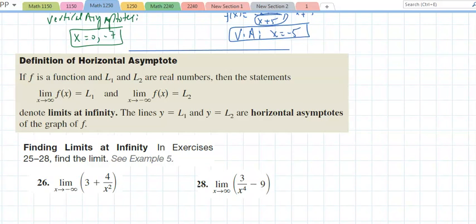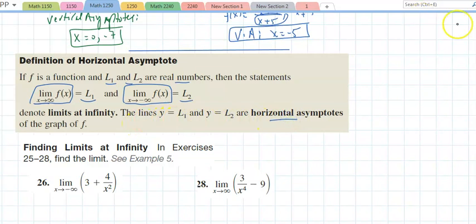Now the horizontal asymptote, again, each of those have an application, and we're going to do applications of each. If f is a function, and L1 and L2 are real numbers, then if you take the limit as x approaches infinity and get a number, whether you go to positive or negative, as long as you get a number, we say those are horizontal asymptotes.